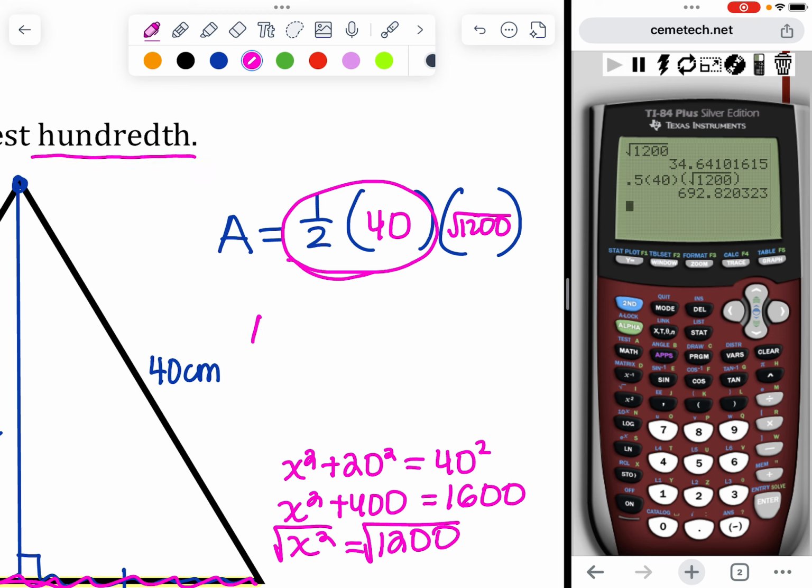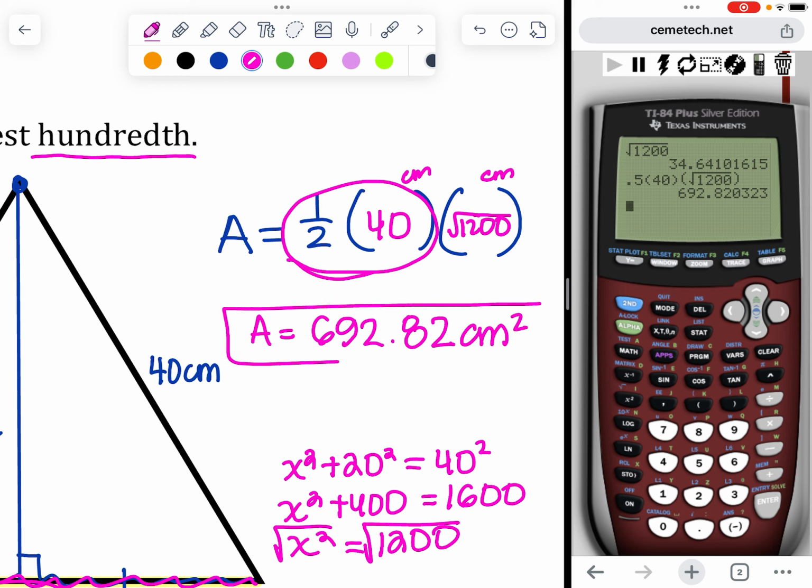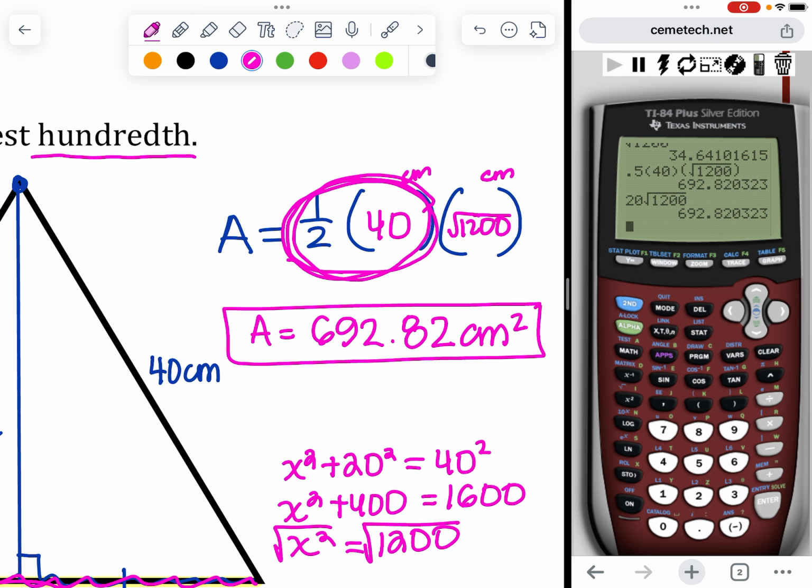So we have the area is equal to 692.82. And then remember, this was centimeters and centimeters. Centimeters times centimeters is centimeters squared. So if I would have done the mental math and done this first, half of 40 is 20. And then if I would have done 20 times root 1200, I would get the same exact answer.